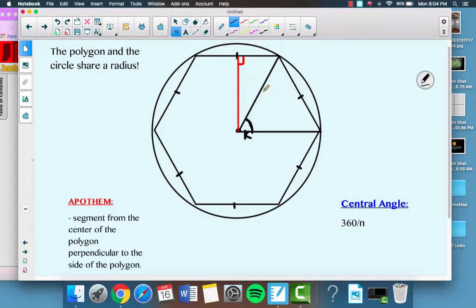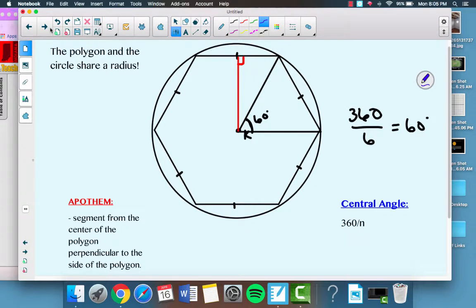So in this particular shape, my central angle measure for K would be 360 divided by 6, because this is a hexagon, and that gets us 60 degrees. So this angle right here is 60 degrees. And just as a little reminder, central angles are the same as the arcs, so this arc measure would also be 60 degrees. Okay?